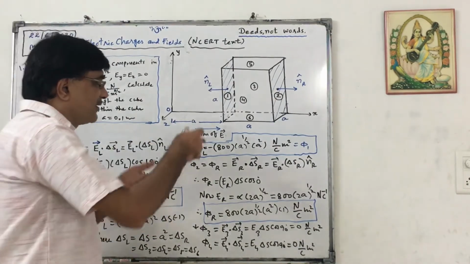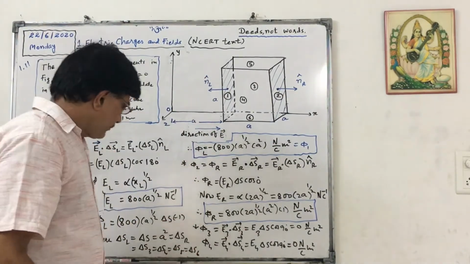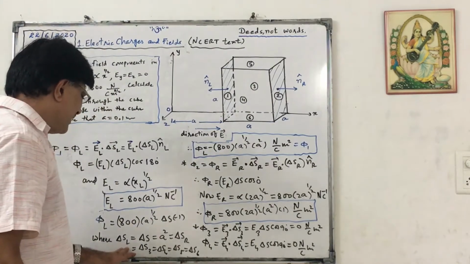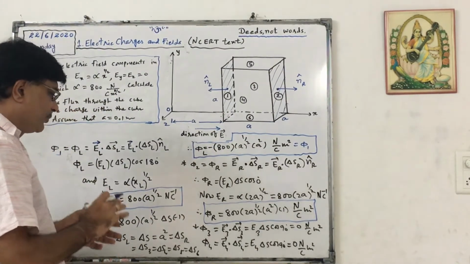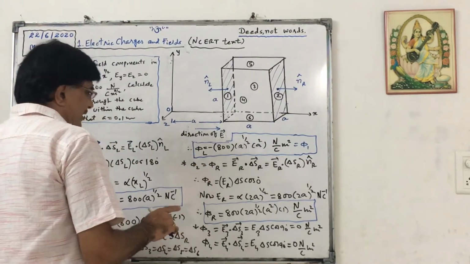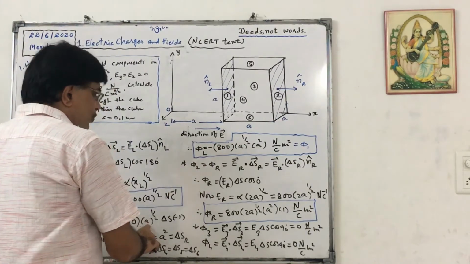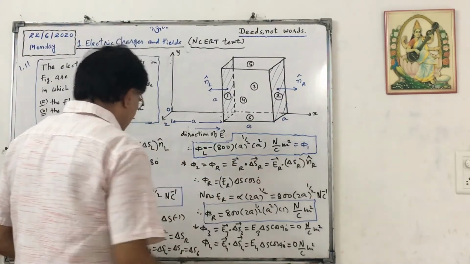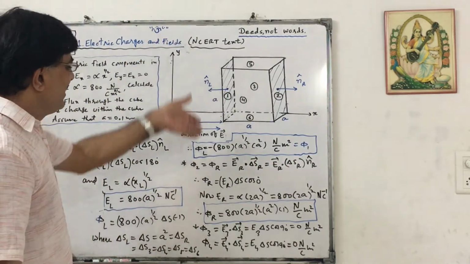Now all the surfaces will have equal area, equal to a square. So delta S equals a square; we will put the value at the end. So phi left equals minus 800 a raised to 1 upon 2 into a square, and the unit of flux, we know, is Newton per Coulomb into meter square. Say this is phi left or phi 1.